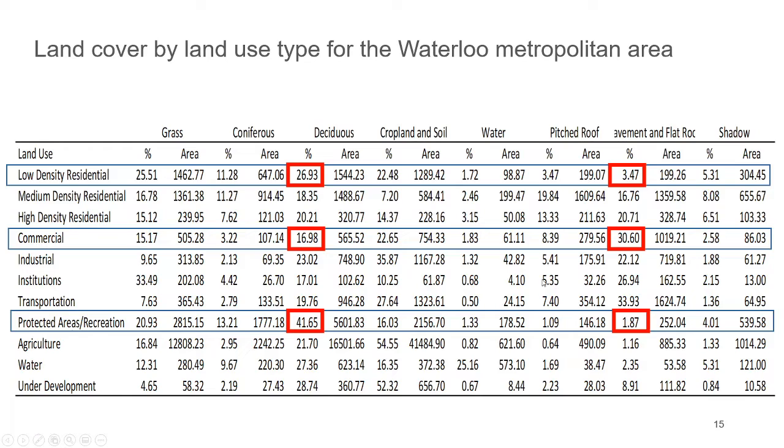And then if it's a protected or recreation area, it can have up to about 42% deciduous trees and only 1.8% pavement. And so it really gives us a good idea of these different breakdowns for each class. And this is just for the Waterloo area.